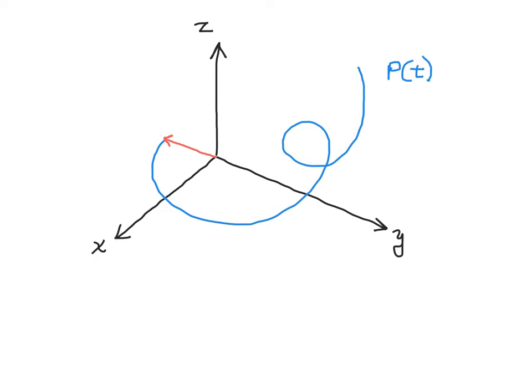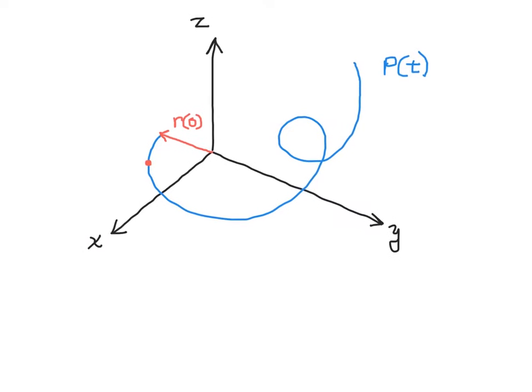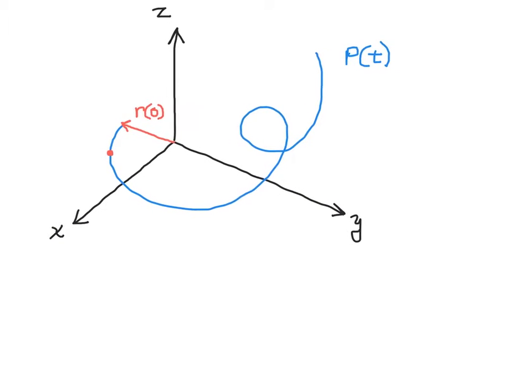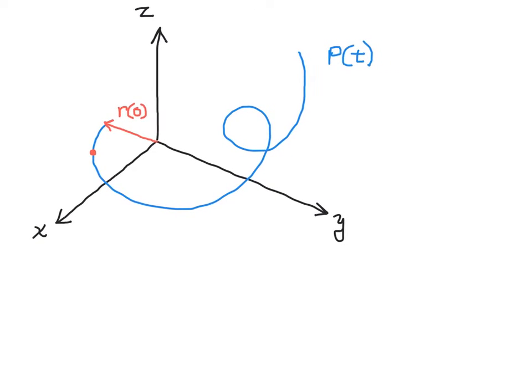So for each time we have a radius, which is a vector from the origin to the point where the bug resides. And in this particular case, our r is r at time 0. This is the starting point. Now after a second, the bug could be at this location. So let's move this up so we have a little more room here.